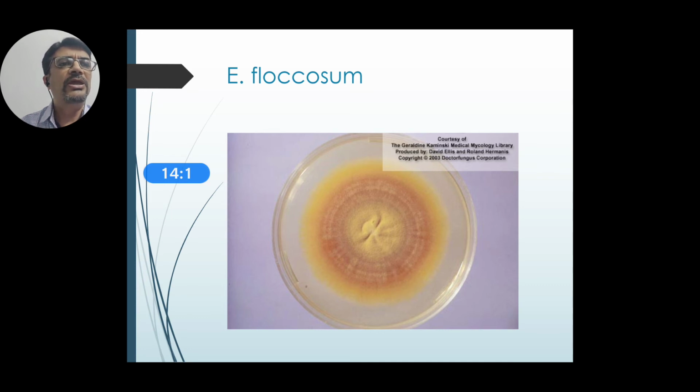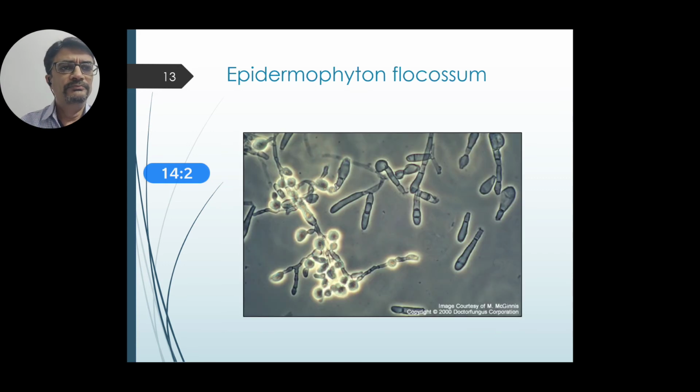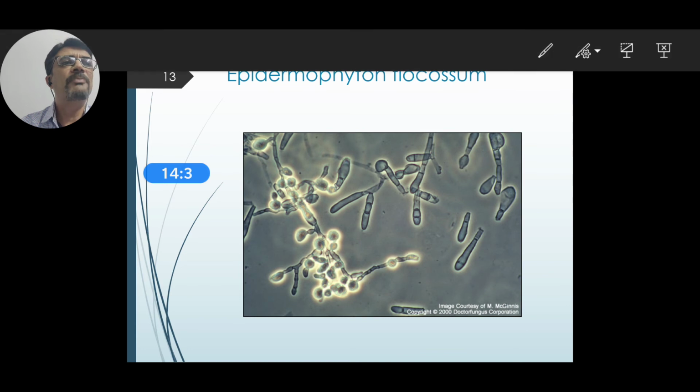You can see a yellowish brown colony, and this is how its macroconidia would look. You can see it is club shaped. I will point it out so you can understand it clearly. Clear? This is the base, this is the tip, and it is a club shaped macroconidium. These all are the macroconidia of Epidermophyton.